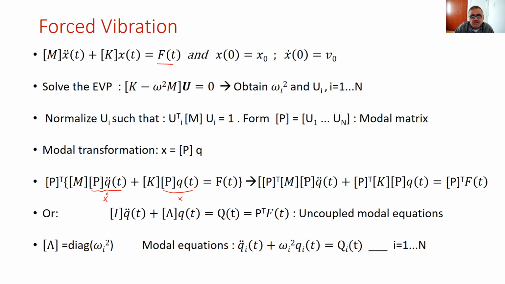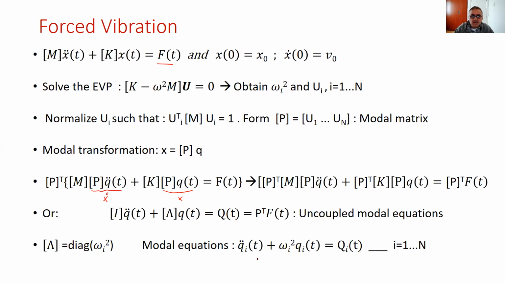P is made up of mass normalized eigenvectors. So this triple product is going to give us an identity. And this triple product, P transpose K P, will give us a diagonal matrix in which the diagonal terms are the natural frequencies squared. So we get uncoupled modal equations, and the forcing terms are the generalized forces, which are obtained by P transpose F.